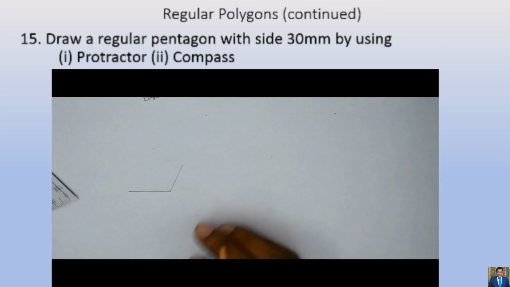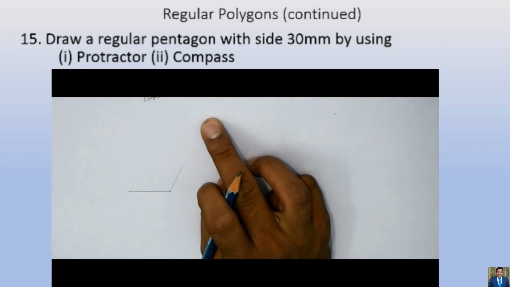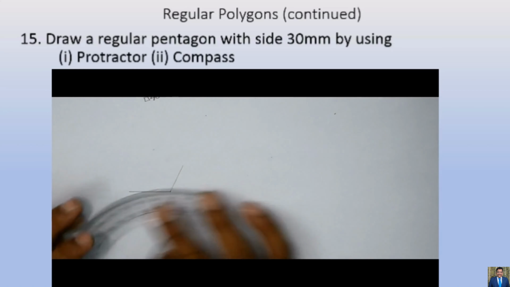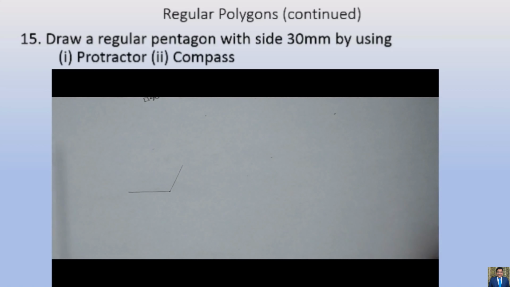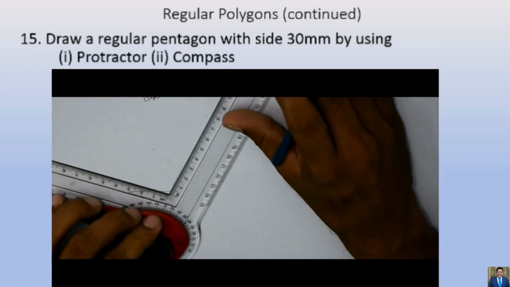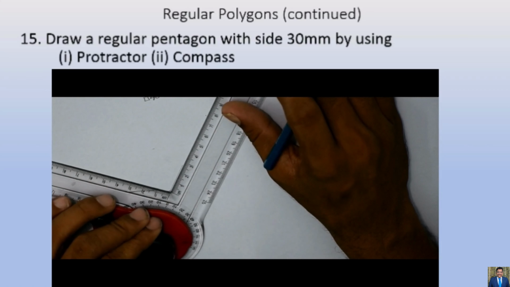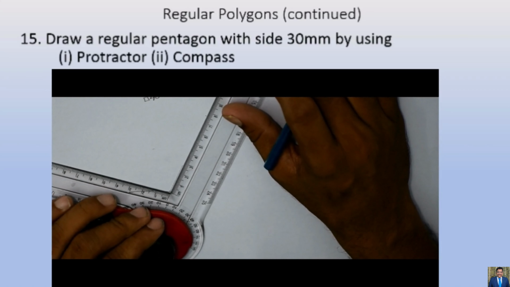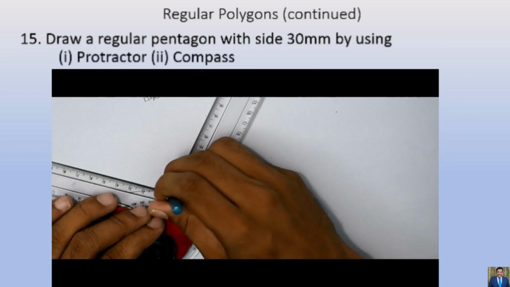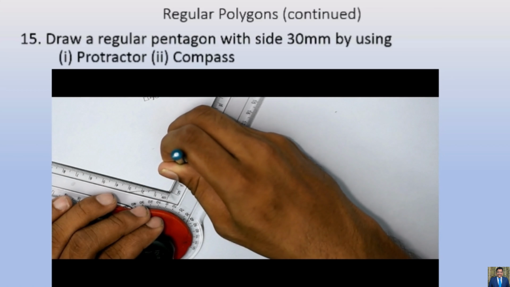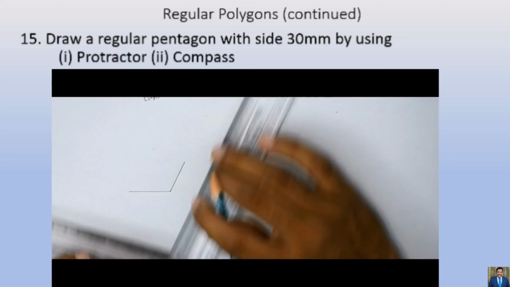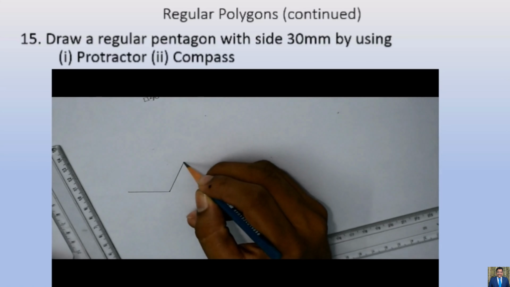And I will just draw one line, not till that point because the side is only 30. After taking that line for some distance, now I will take this distance as 30 because this is a regular pentagon and every side is going to be equal, and a pentagon will have 5 equal sides.